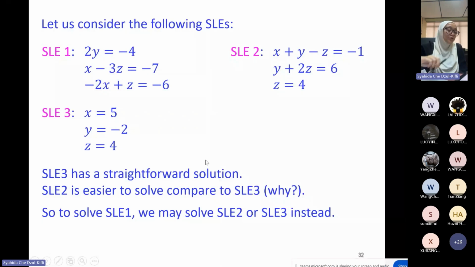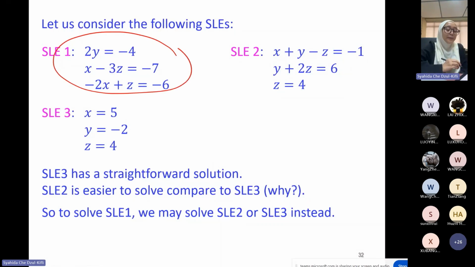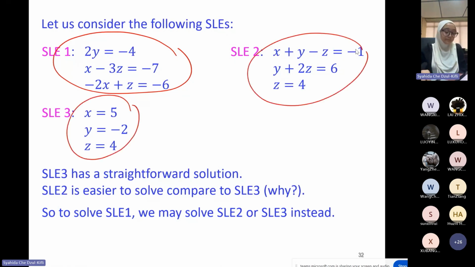To find the solution for this, we may solve this system or this system. That's the idea of solving systems of linear equations using augmented matrix.